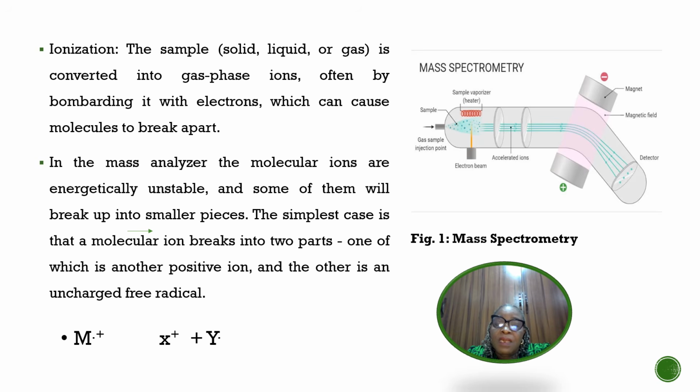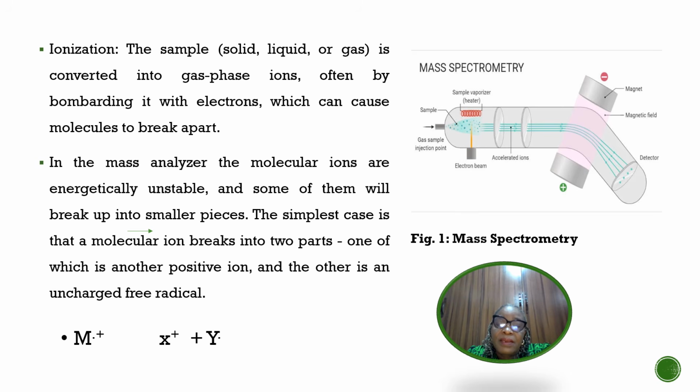Ionization. The sample can be a solid, liquid, or a gas, and is converted into gas phase ions, often by bombarding it with electrons, which can cause molecules to break apart. That is, fragments.